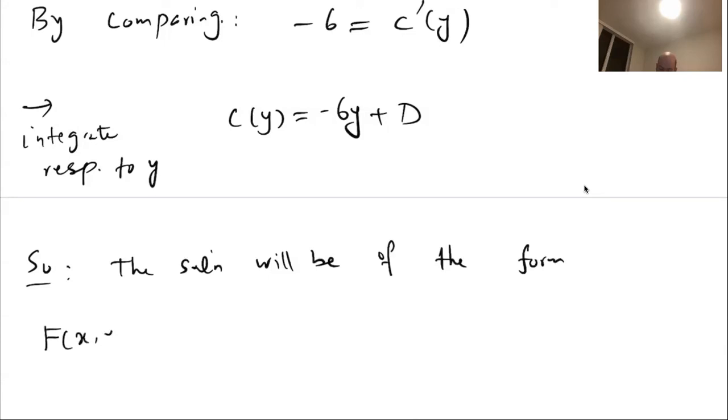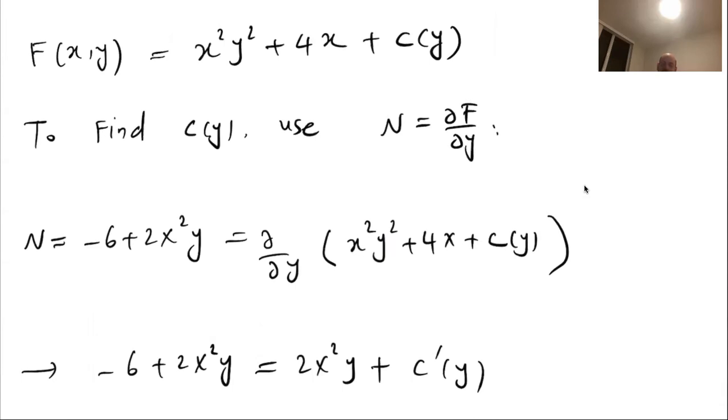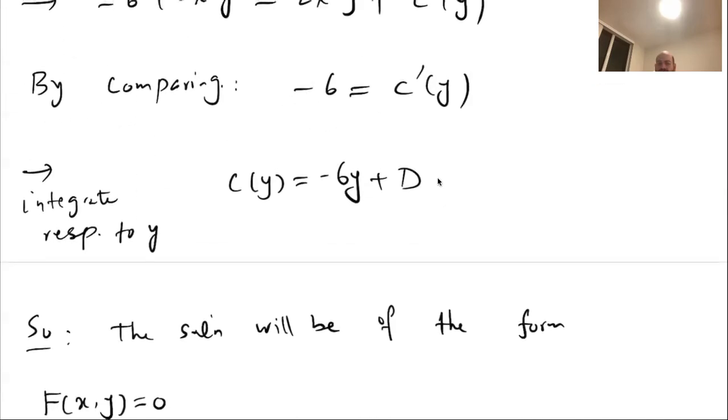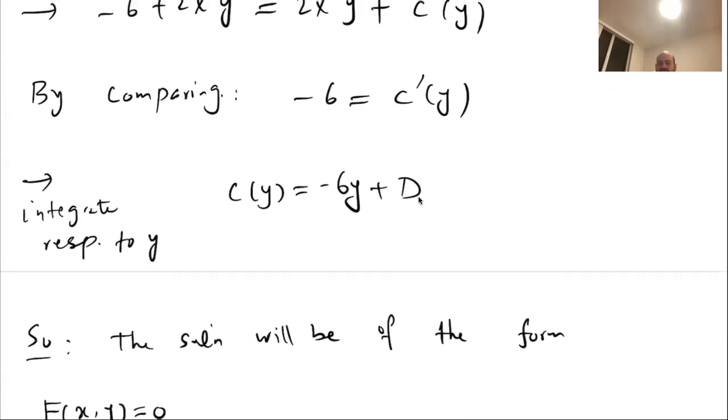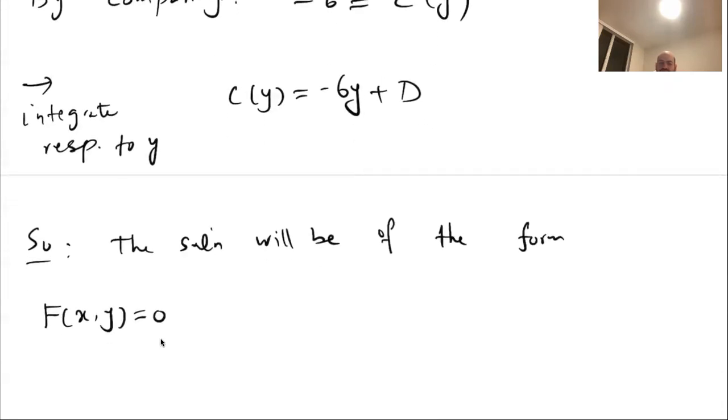capital F of x and y equals 0. Why am I saying that capital F of x and y equals 0? Originally, we said capital F of x and y equals a constant. But here I'm saying equals 0. Well, the reason is I already included the constant here, when we said plus d. So there is no need to include the constant one more time here.